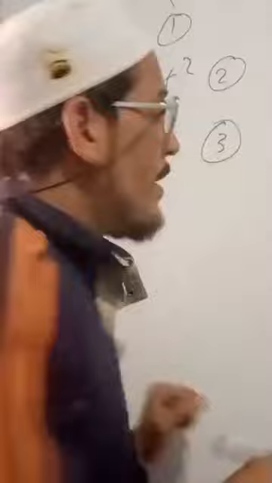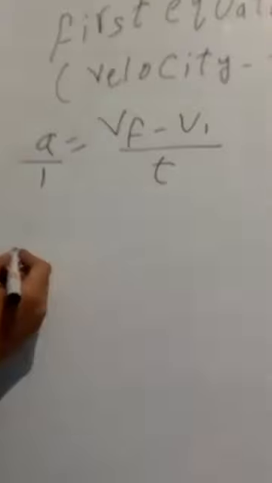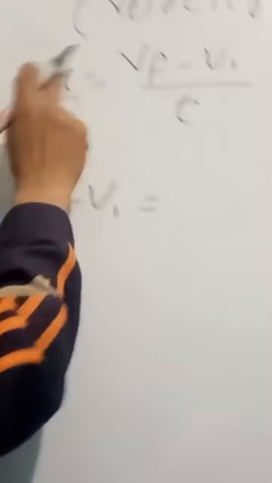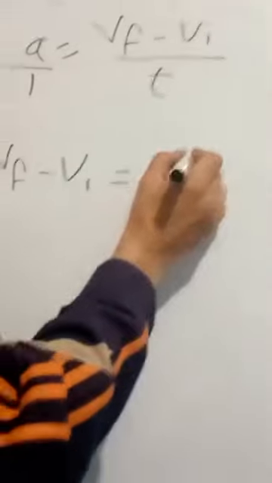Now, take the product of the two sides. From this equation we obtain 1 times (Vf minus Vi) equals Vf minus Vi, because I multiply Vf minus Vi by 1, and multiply a by t, which equals at.